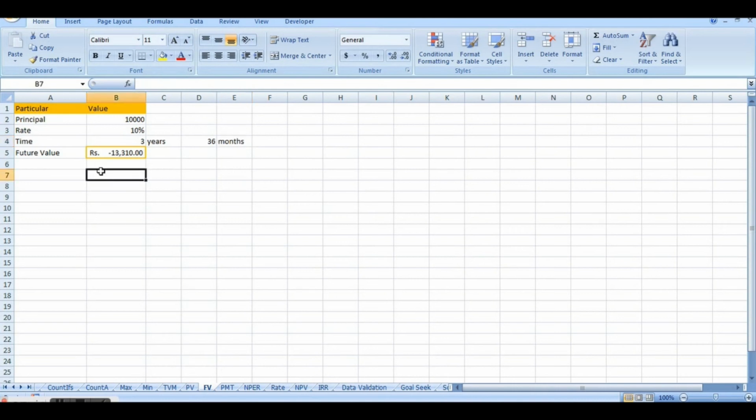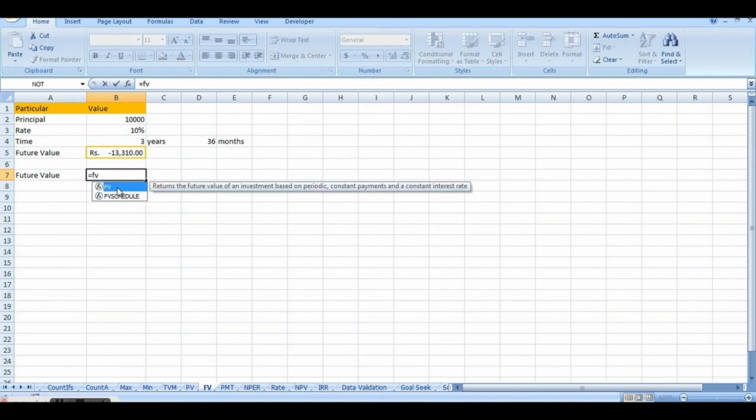And in that case, if you want to find out the future value, it will be again the same formula we will use. Say future value, rate now is 10% annually, but if the compounding is done monthly, we will have to divide it by the number of months in a year. There are 12 months in a year, so we will divide it by 12, divided by number of periods.